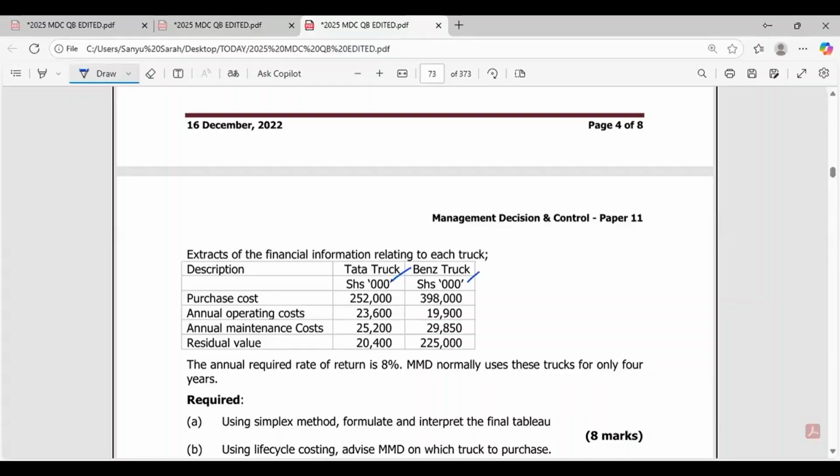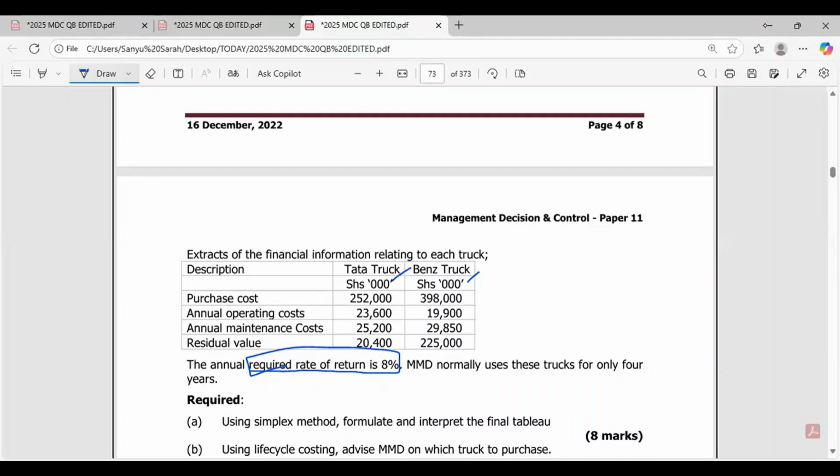However, they have given us what we call the required rate of return. A required rate of return is a cost of capital, cost of using capital. If you give someone 10,000 shillings and you tell them, you're supposed to return 15,000, not 10,000, it means that your required rate of return is 5,000 shillings.